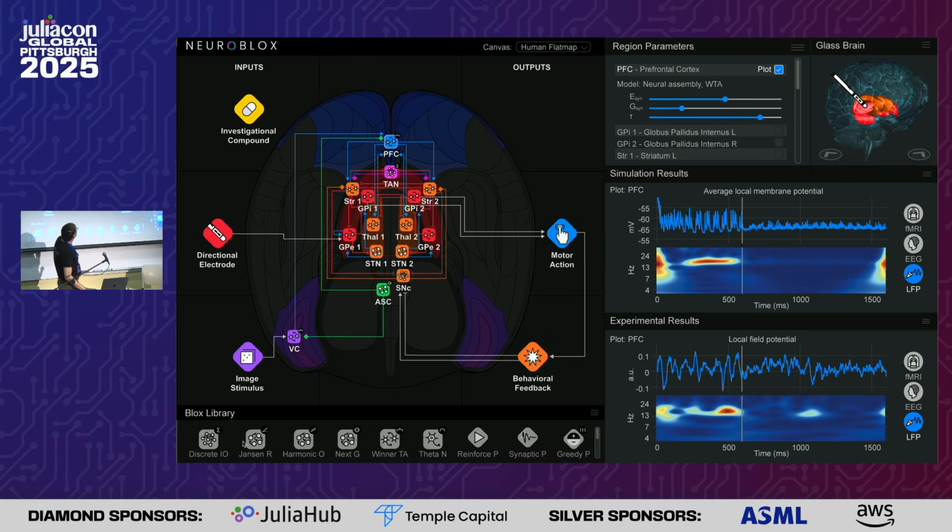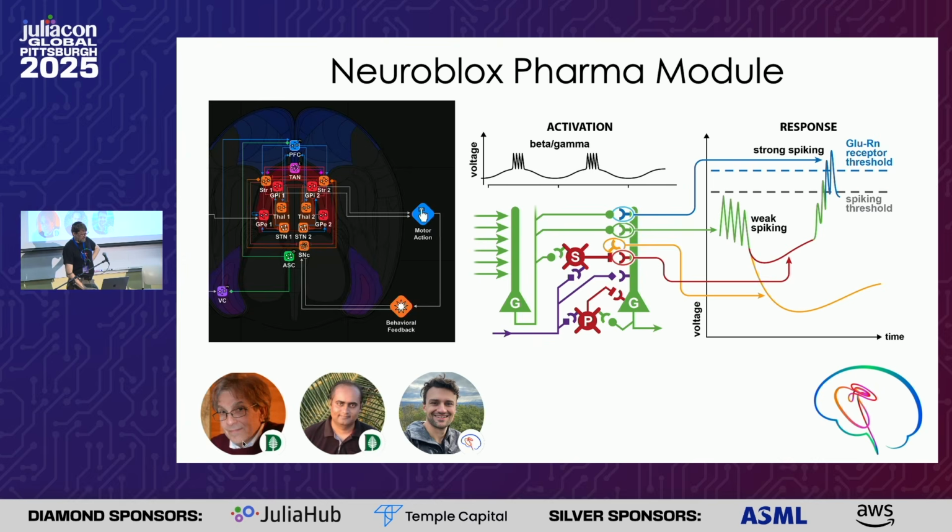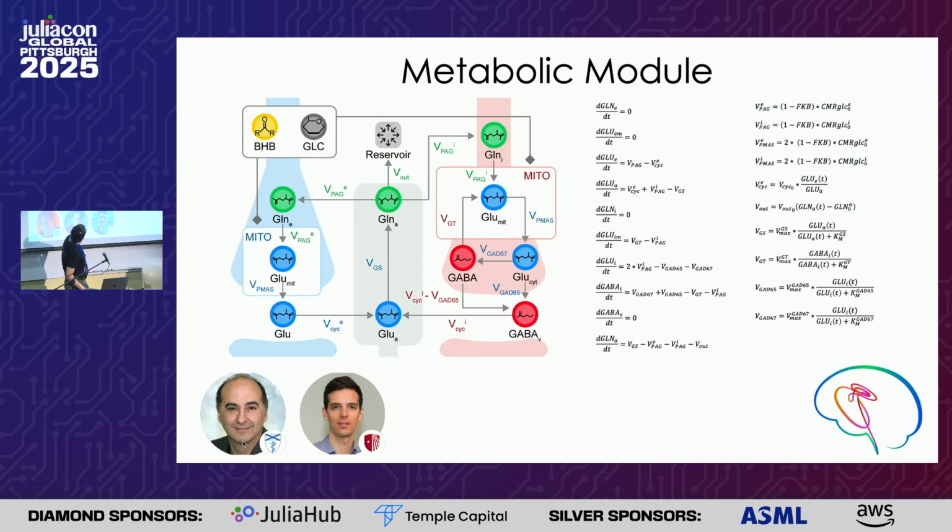But anyway, we also have a pharma module. As I told you, we're interested in how pharmaceuticals, how drugs interact with the brain. So this models all the different receptor dynamics that happen in the brain. We have a metabolic module.